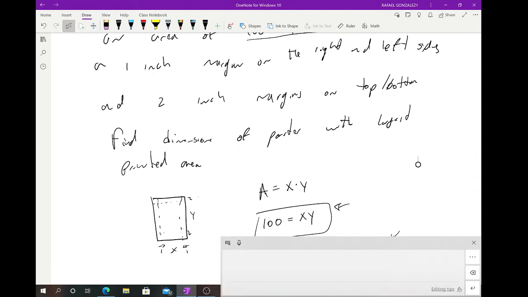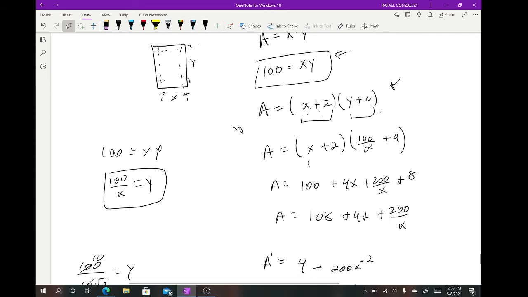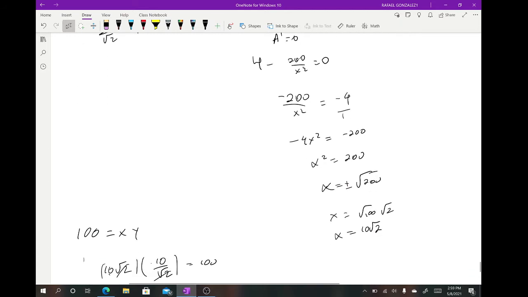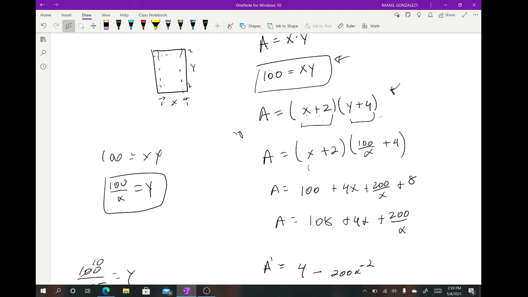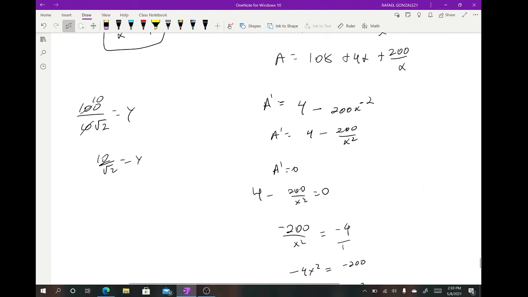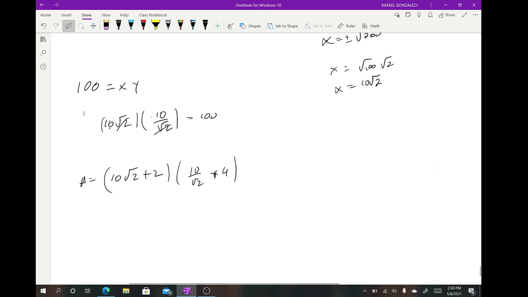The more practice you do, the more you recognize how these problems are done and how each function is related to the problem for you to optimize it. But once you get the relationship, it's just a matter of doing substitutions and taking the derivative. So it doesn't become too bad once you have the relationship built.